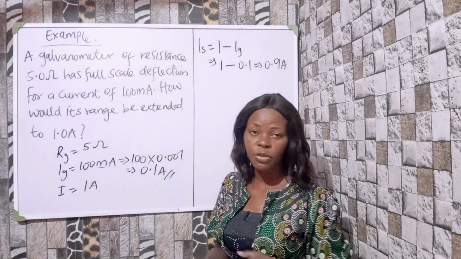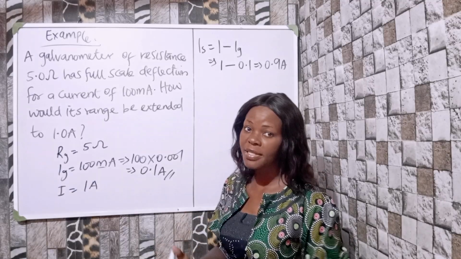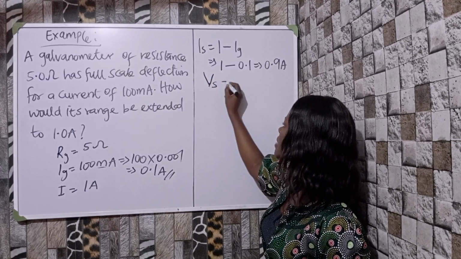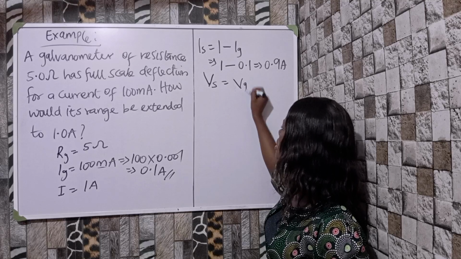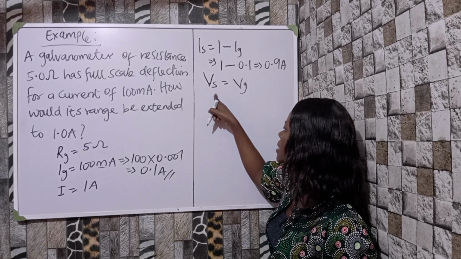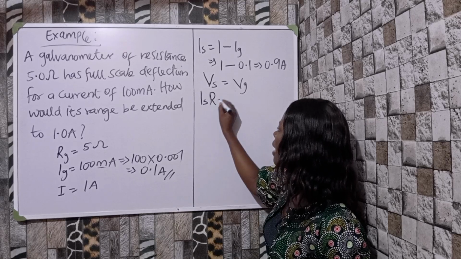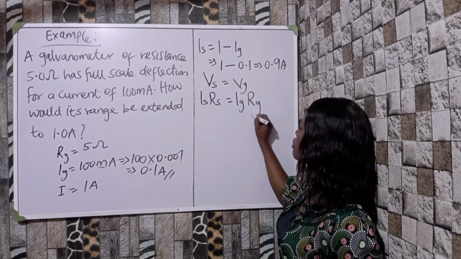All right. The next thing we are going to do is remember the formula. PD across galvanometer equals to PD across shunt, or we say PD across shunt equals to PD across galvanometer. That is Vx is equals to Vg, right? What is Vx? Vx is Ix Rx is equals to Ig Rg.